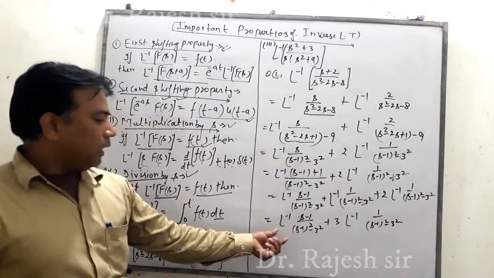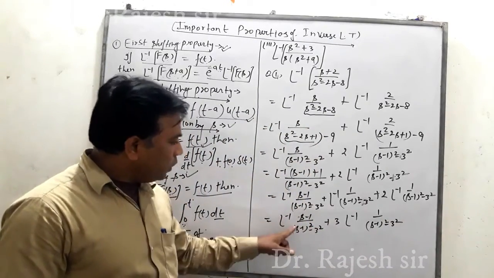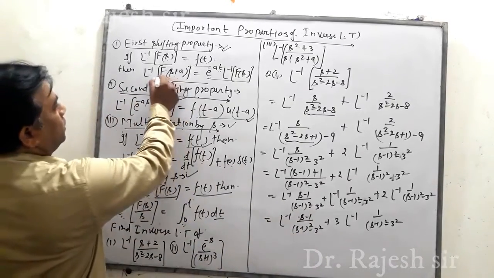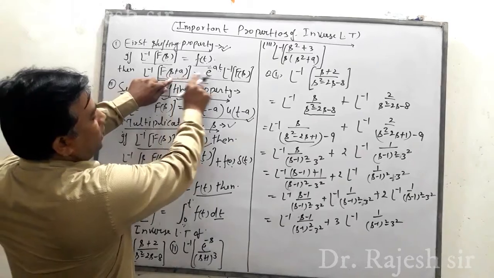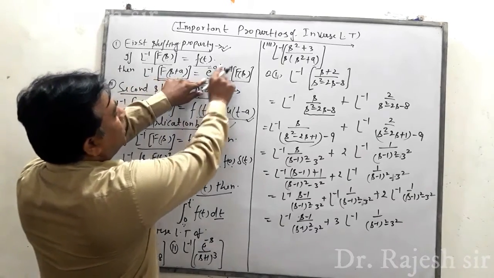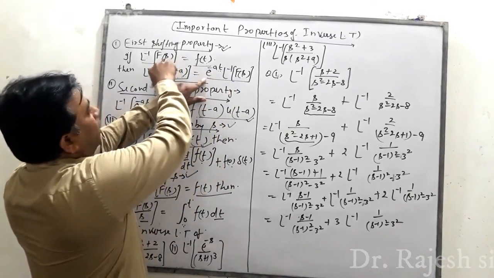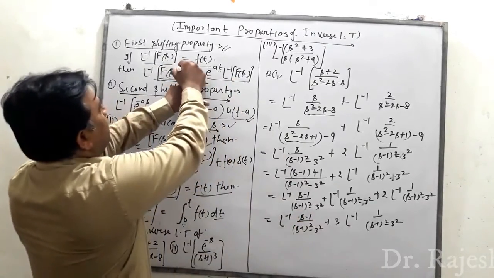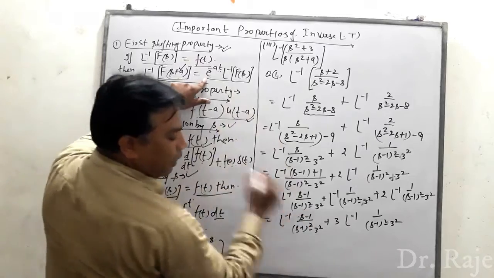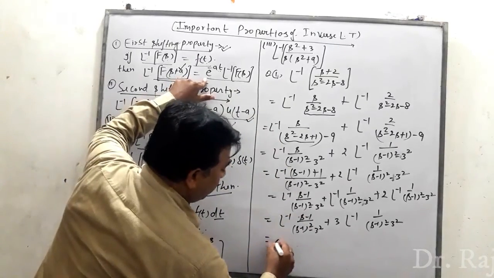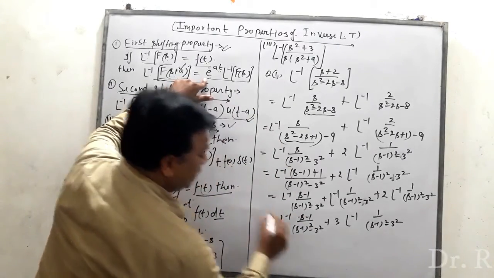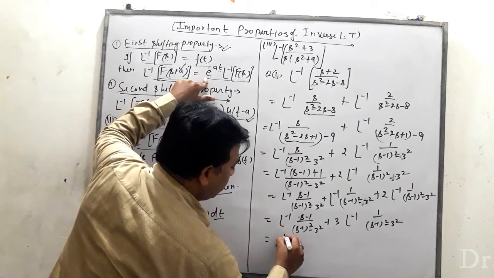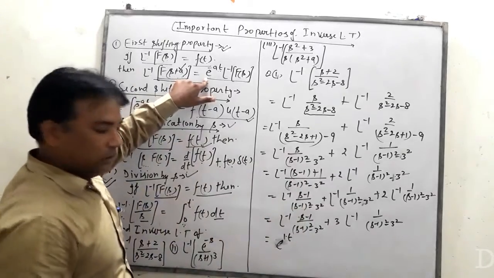Now take the Laplace inverse of this. By the property of s minus 1 and s minus 1, the first shifting property: we check s plus a, then e to the power minus at; here it is s minus a, so the sign is minus and we get e to the power 1 into t.